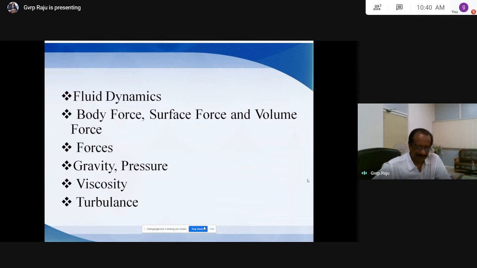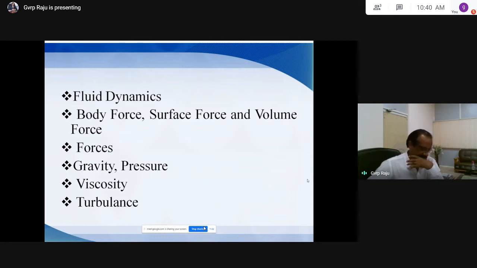Again, pressure force. Pressure force is equal to pressure intensity multiplied by surface area. So for surface force, you can take pressure force and also shear force.